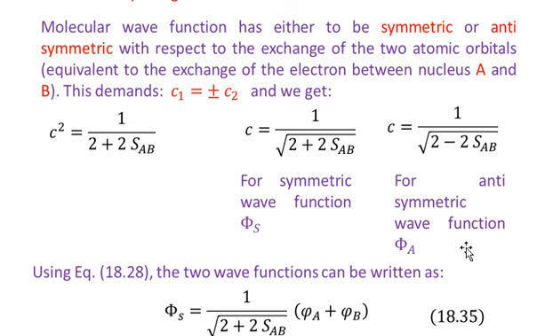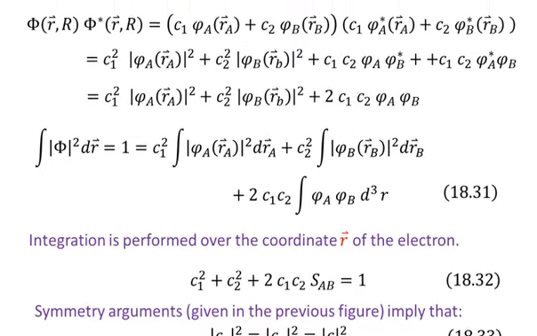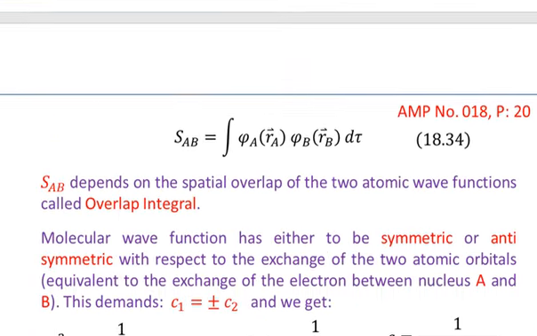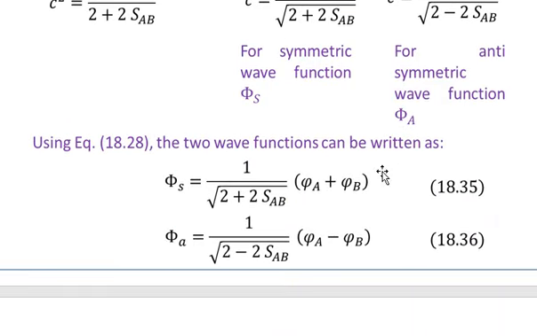So you see that using the value of C in the previous equation, where we have defined the molecular wave function, for example in equation number 28, you can put the values of C1 and C2, and you can have either the symmetric wave function or the anti-symmetric wave function, which are given over here.